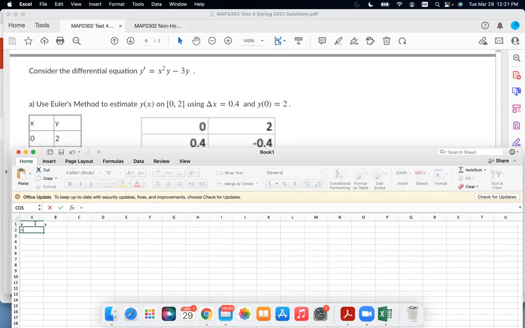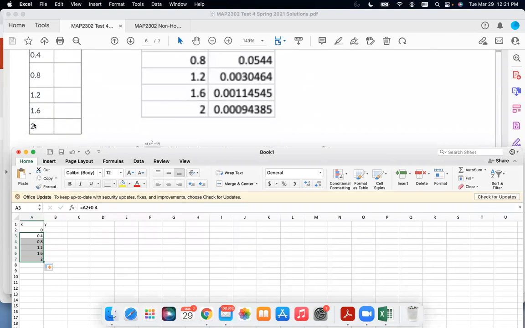We're starting at 0, so equals 0. And then I'm going up by 0.4, so equals the previous value plus 0.4. A huge delta x, by the way. So this approximation is not going to be very good. And I want to go down until I reach 2. Up 1 more. So that's what it asks for here.